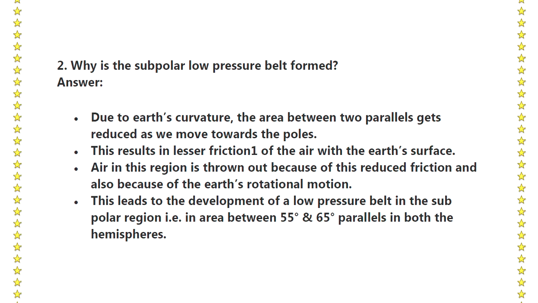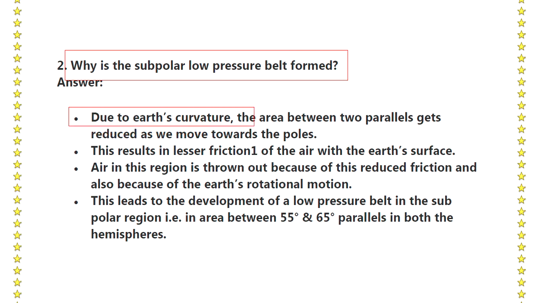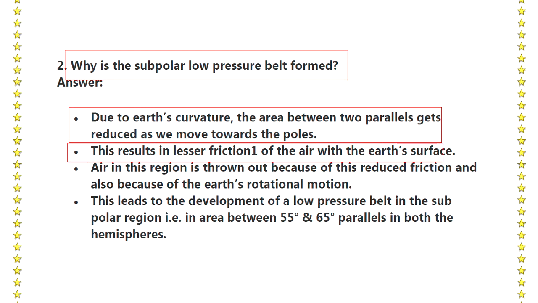Why is the subpolar low pressure belt formed? Answer: first point, due to the earth's curvature, the area between two parallels gets reduced as we move towards the pole. Second point, this results in lesser friction of air with the earth's surface.